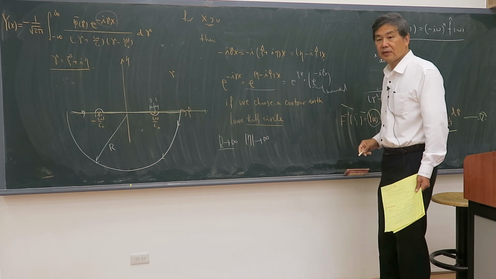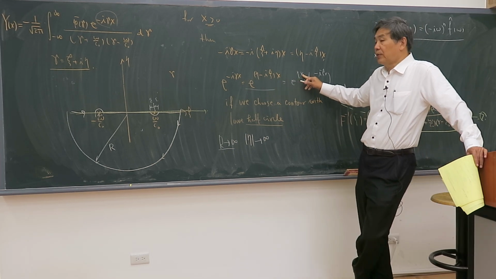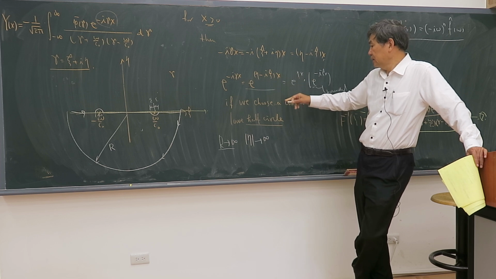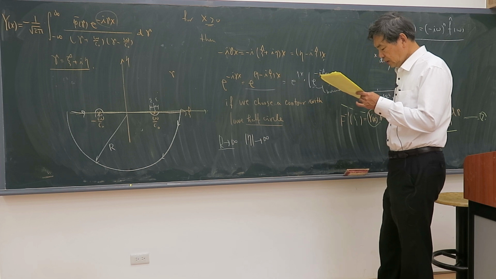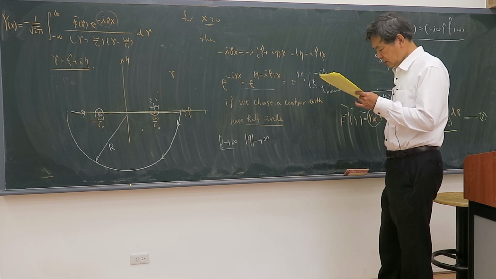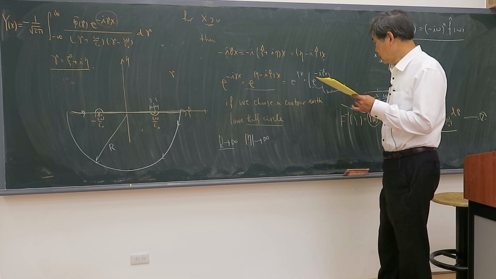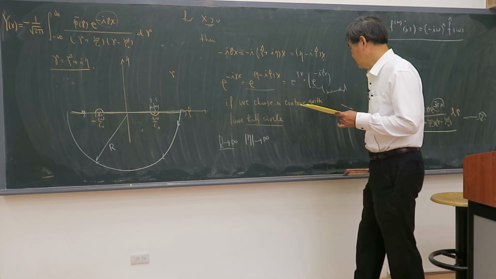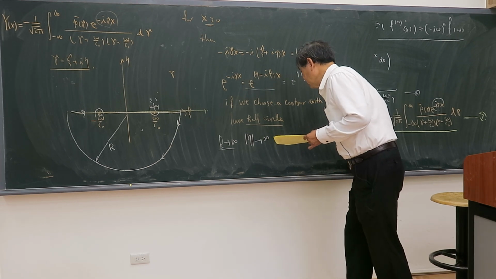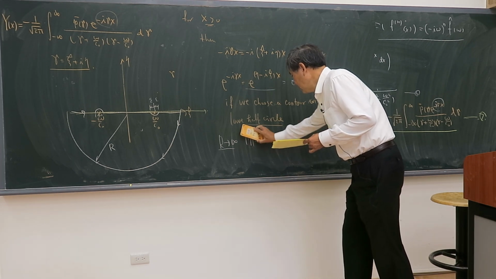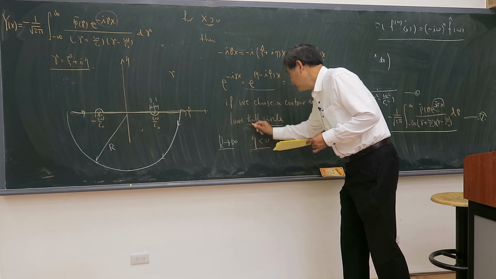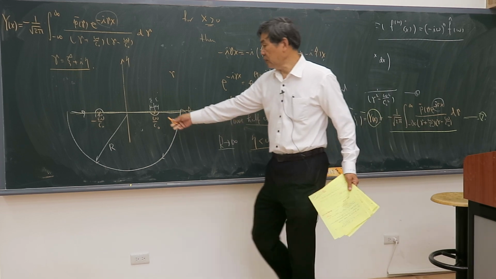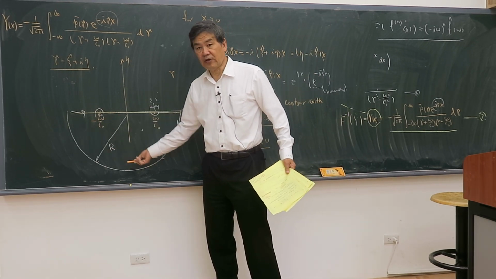And for x larger than 0, on the lower circle, eta will be smaller than 0, because all the eta here are negative values.